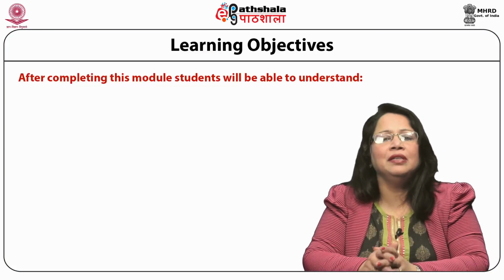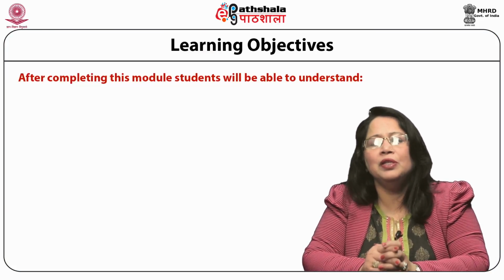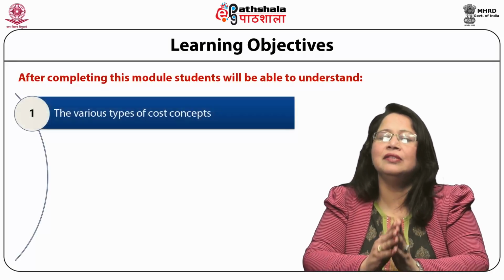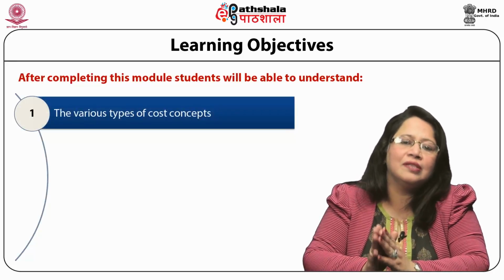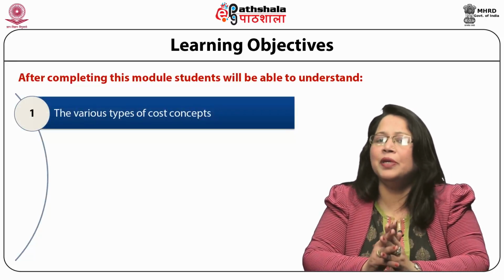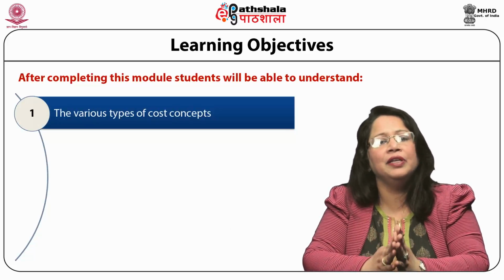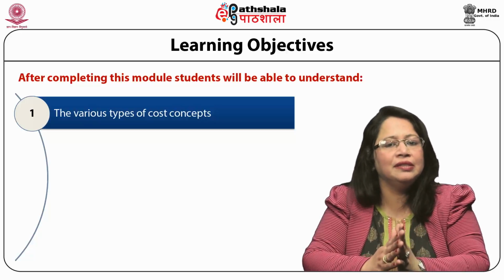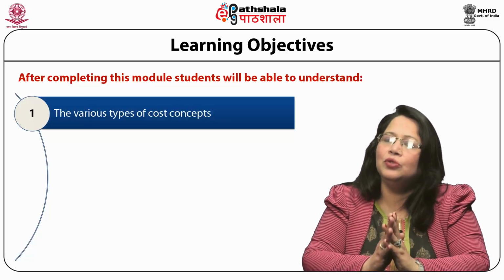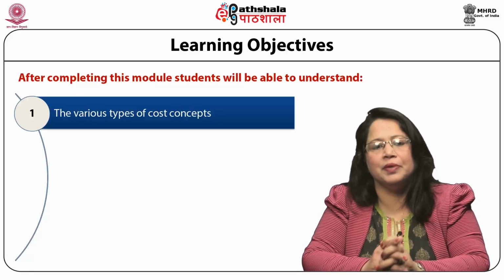Today we are going to talk on module Theory of Cost 1 from paper Managerial Economics. After completing this module, you will be able to understand the various types of cost concepts, difference between those cost elements that are relevant for managerial decision making and those elements which are not used for this purpose.